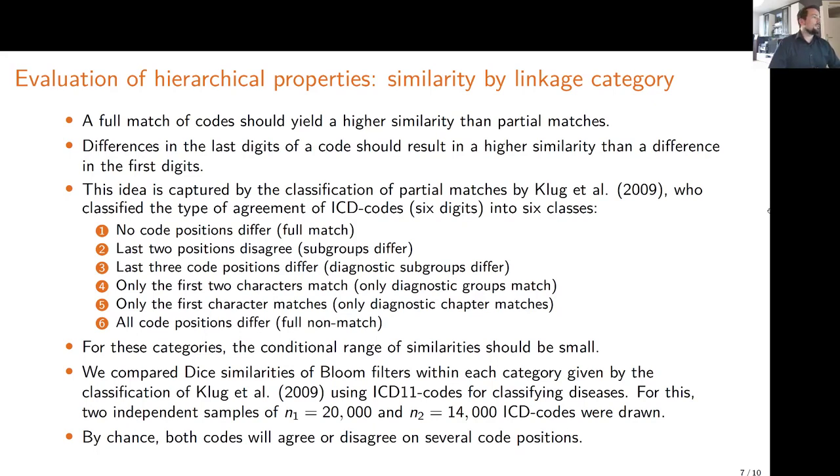This is possible with ICD-11 codes, this time with the 6-digit classification of Klug et al., which ranges from no code positions differing, a full match, to all code positions differing, a full non-match. Between these, you should be able to discriminate the categories, because each code position that differs means a lower similarity. Ideally, these would not overlap as much. We are going to use that to evaluate the similarity preserving properties.